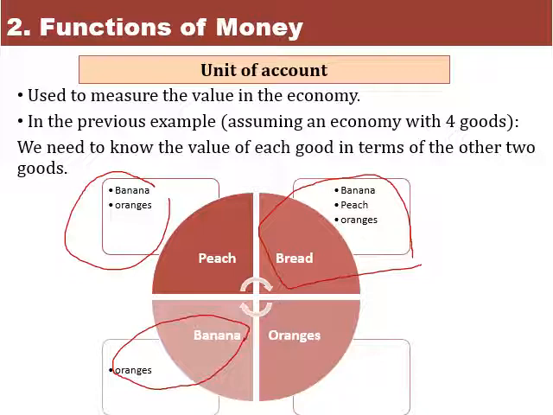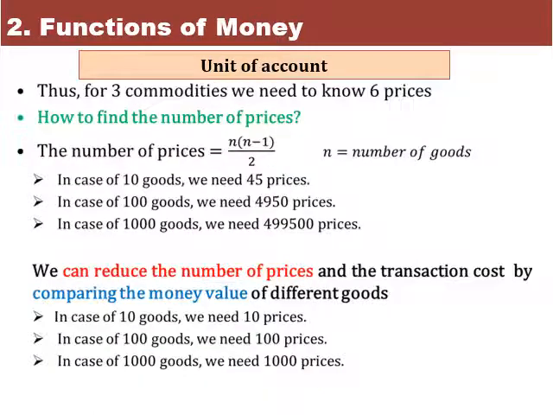Now let's see what will happen if we have more than those four commodities. As we have seen, when we have four goods, this requires computing six different prices to be able to exchange them in the market. What happens if we have more than these four commodities?